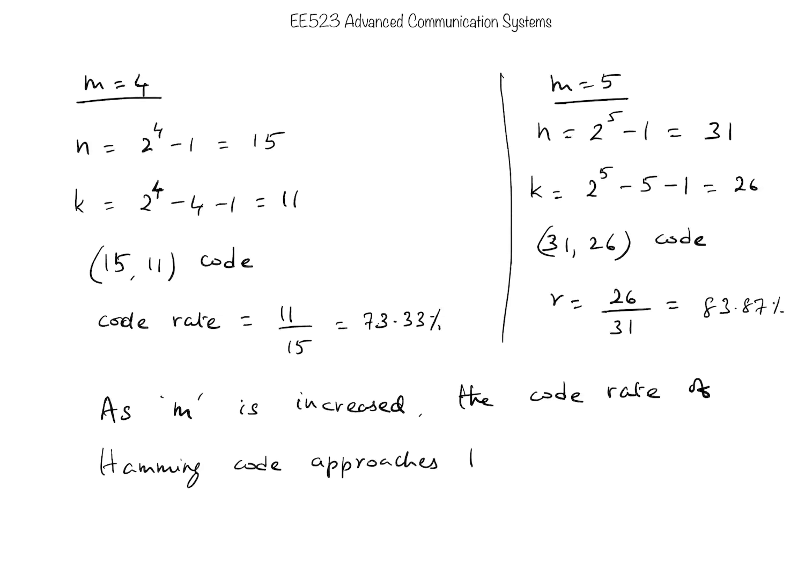Okay, and which is what we want to do. We want to have a code rate which is as close as possible to 1, because that would mean as little extra bits as possible for the protection. That is the design objective of the coding scheme.